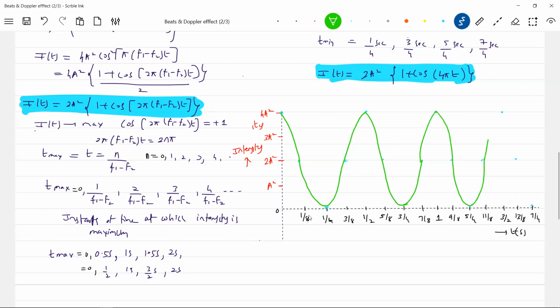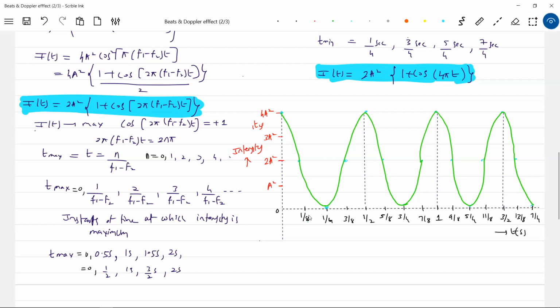What is this? This is the intensity versus time graph. The peaks indicate where the intensity is maximum. Tell me, the person standing at point P, what will he say? The intensity is varying with time.